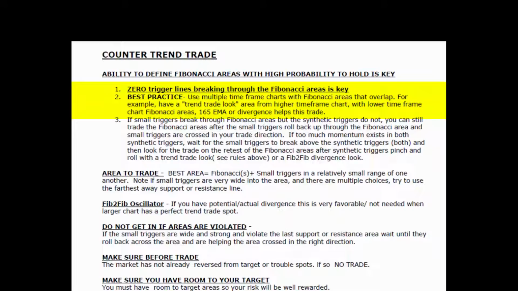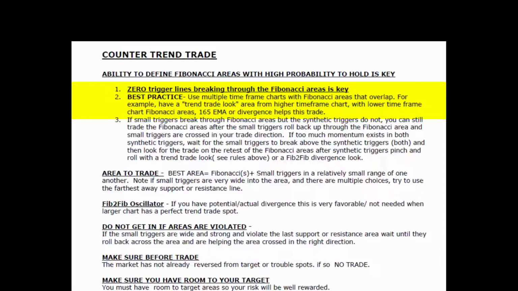So when we're looking to establish a counter trend trade on a smaller chart, the best look that you can get is a trend trade short look on your larger chart, just like the one that we just looked at. So when we have a high probability trend trade look on our large chart, we can be much more aggressive, assertive, however you like to term it, at that area looking for a short trade.